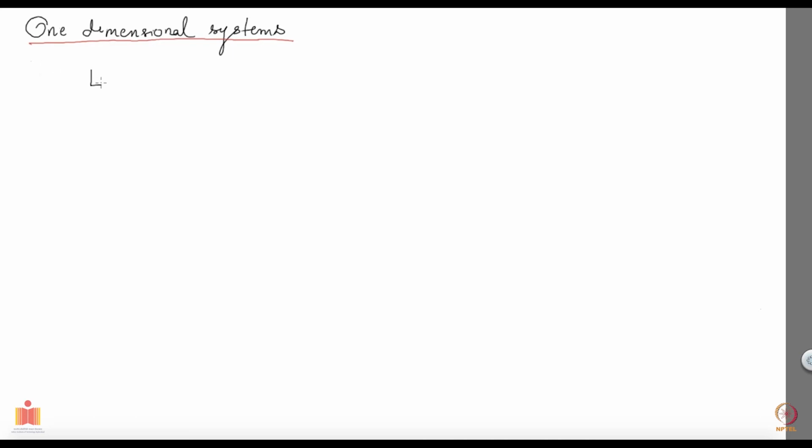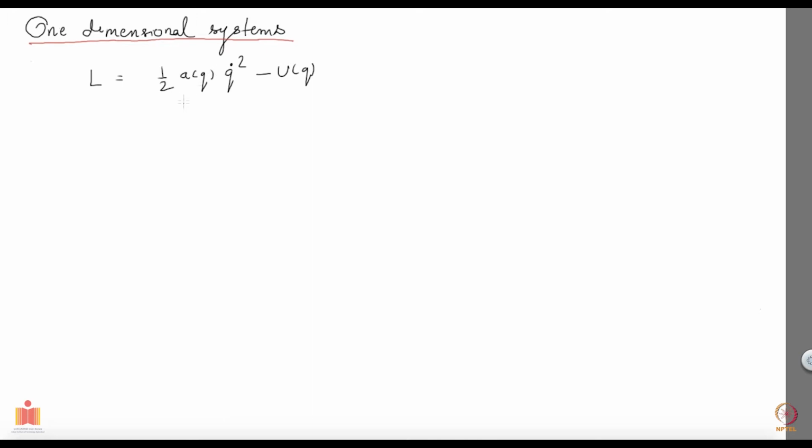L is half A of q q dot squared minus the potential energy, which is a function of q. Remember that there will be a function A here which depends on q. This is because you have gone from your Cartesian coordinates to generalized coordinates q.